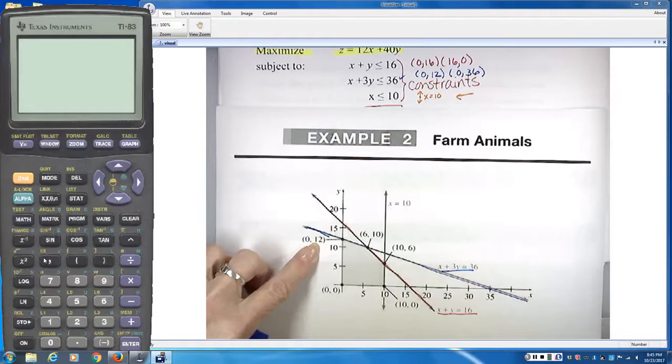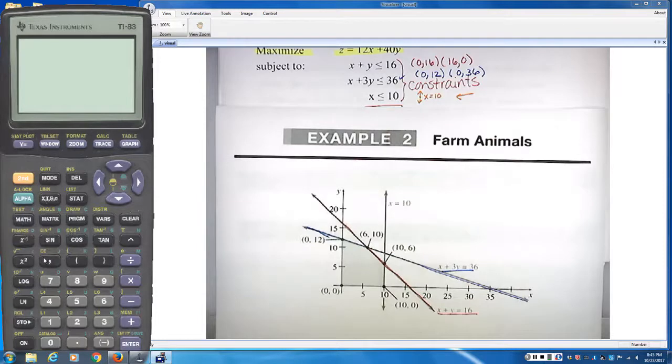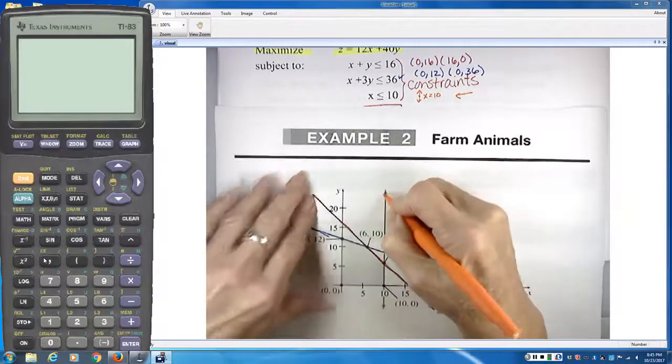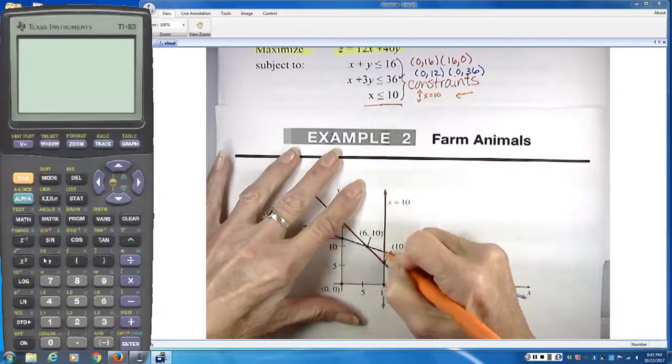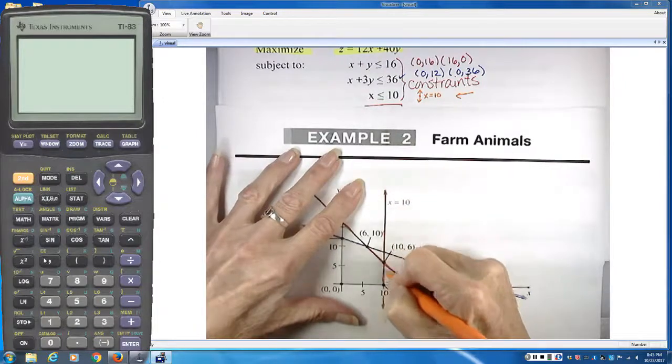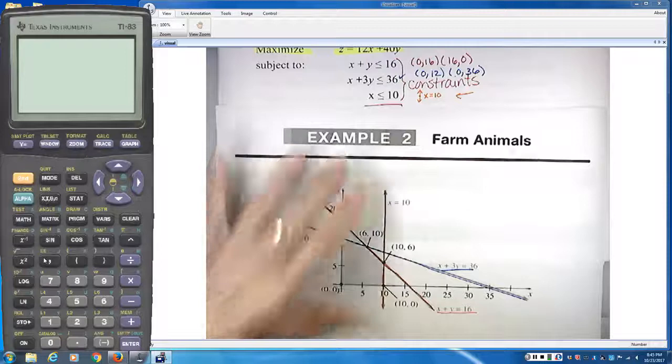So there's the cost equation. Here's the equation that tells us her personal preference not to have too many goats. Maybe she doesn't have space for more than 10 goats.